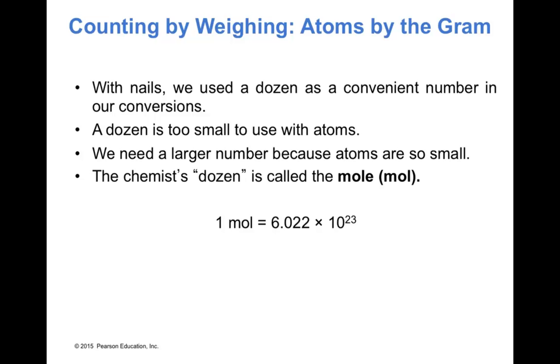The definition of mole is 1 mole is equal to 6.022 times 10 to the 23rd particles. So 1 mole is equal to this amount of particles, and those particles could be atoms, could be compounds. 1 mole of nails will be 6.022 times 10 to the 23rd nails. 1 mole of cows is 6.022 times 10 to the 23rd cows.